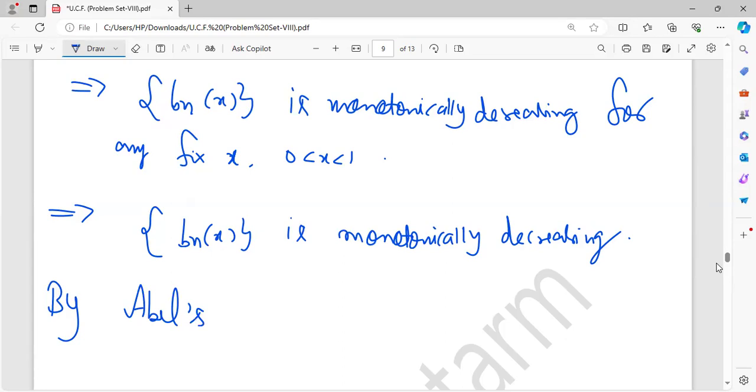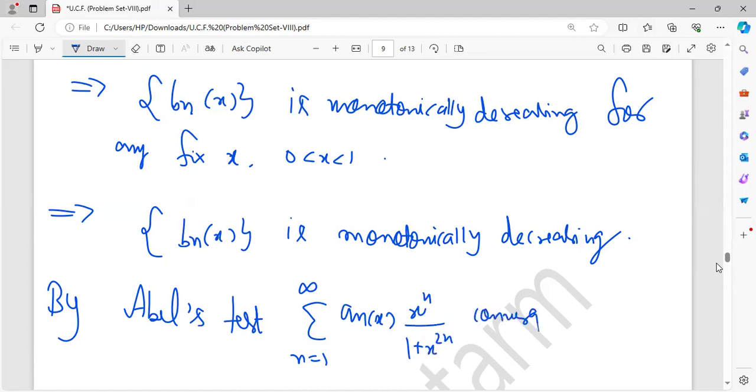If it is monotonically increasing, it should be monotonically increasing for each fixed x. By Abel test, summation n goes to 1 to infinity a_n x to the power n upon 1 plus x to the power 2n converges uniformly on the closed interval 0, 1.